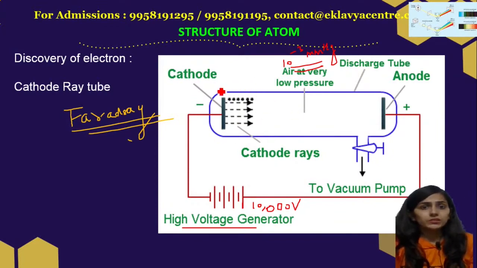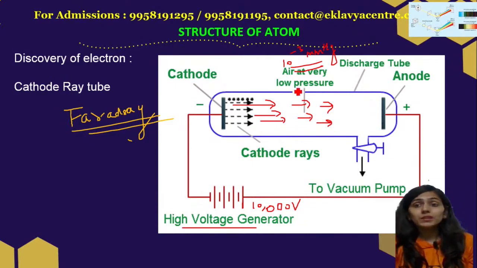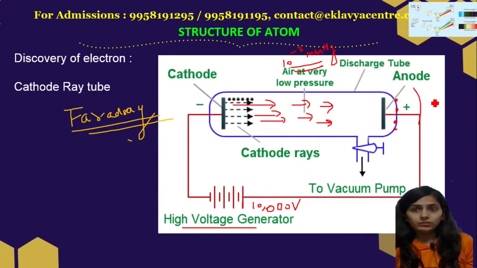The cathode is the negatively charged electrode, and the anode is positively charged. Initially, invisible rays started moving from cathode towards anode. But how did he get to know that, because the rays were invisible? He made a few holes in the anode, and he put a fluorescent material made up of zinc sulfide behind it.